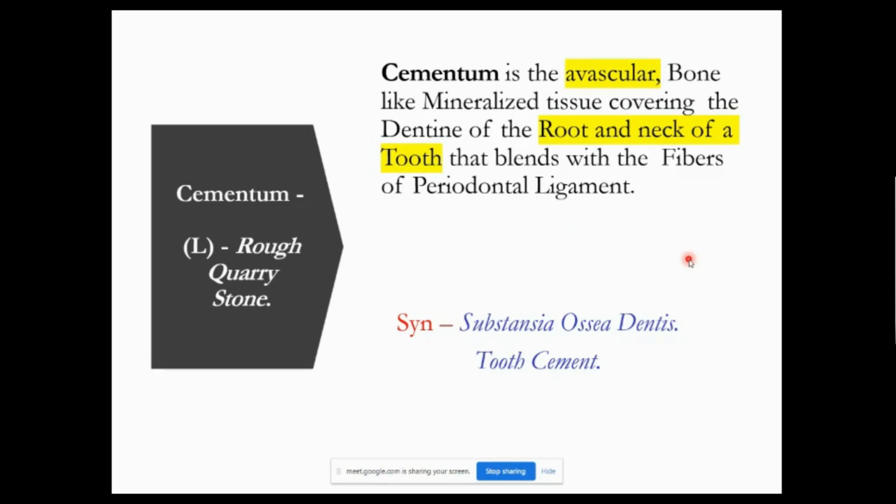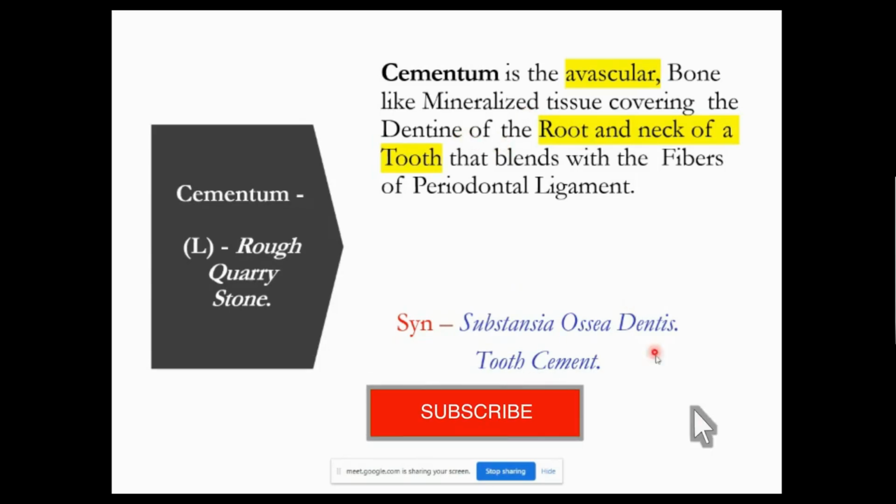And there are other synonyms which you don't have to really know from an exam point of view, but as a dentist, I think it's good to know, because in Western countries, they like to remember the other terminologies. So substantia ossea dentis, because ossea is your bone, and substantia is substance.